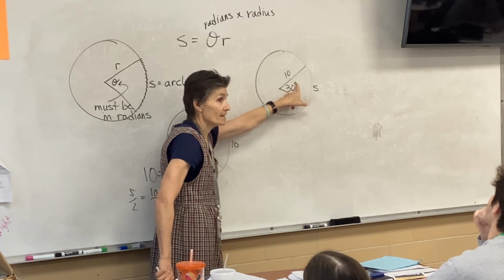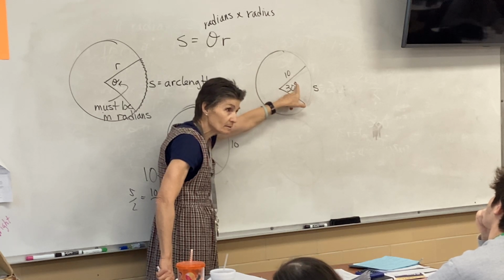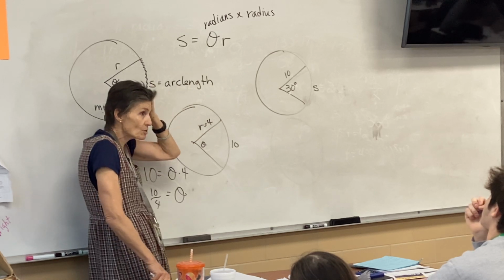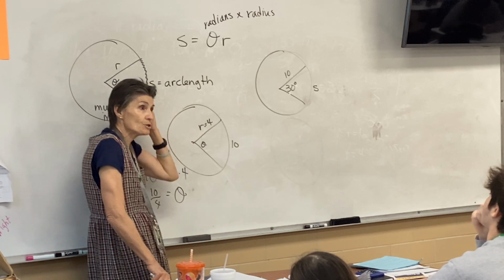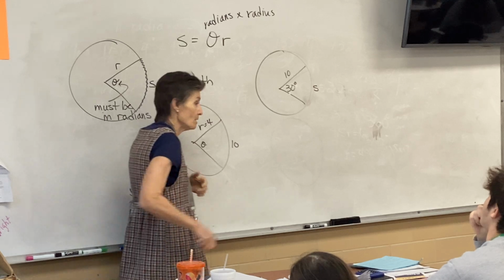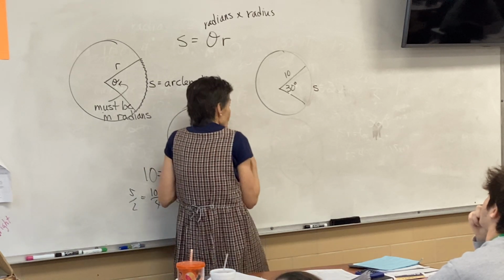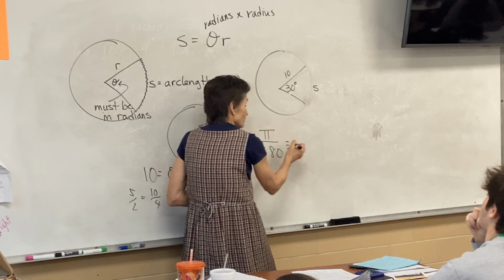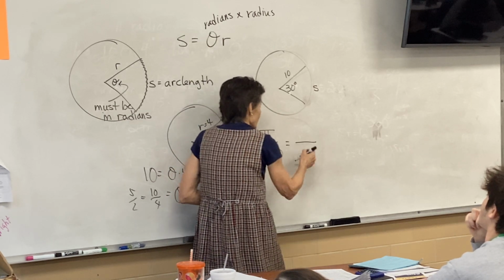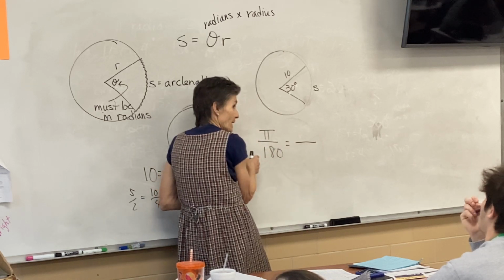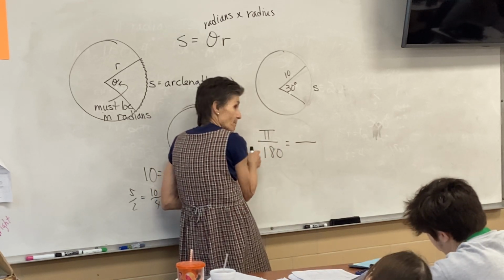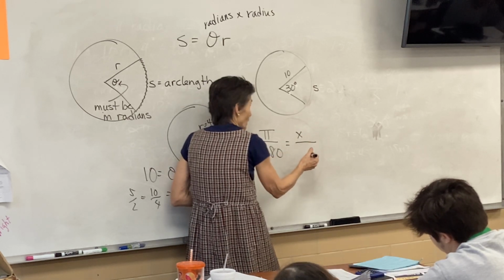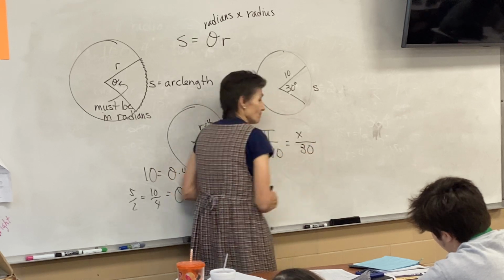Because that's a degree. So the first thing we have to do is change that into radians. So go back to the very first thing we did today. Pi is 180. And make another fraction. So pi over 180, that never changes. That stays the same. What am I going to put over here? X over 30. Bingo.